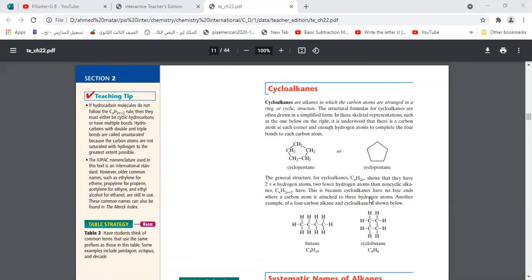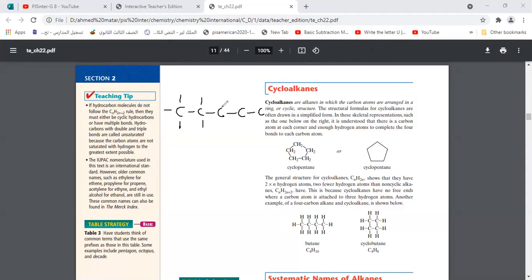Guys, is it clear? Yes. Okay, but you could observe something important here. Let's try to do it. If we take the normal pentane, or the normal alkane that contains 5 carbons, let's try to draw it together. So if we have, for example, this 1, 2, 3, 4, 5, then we're gonna make a full capacity of hydrogen.